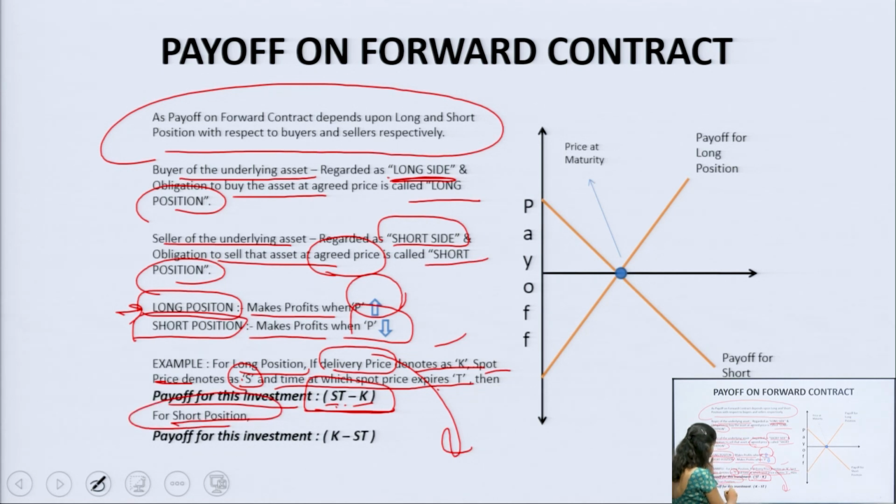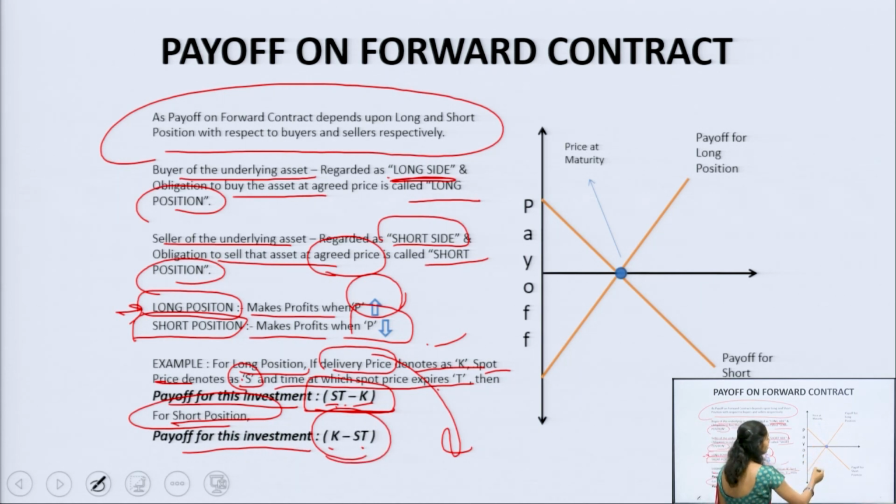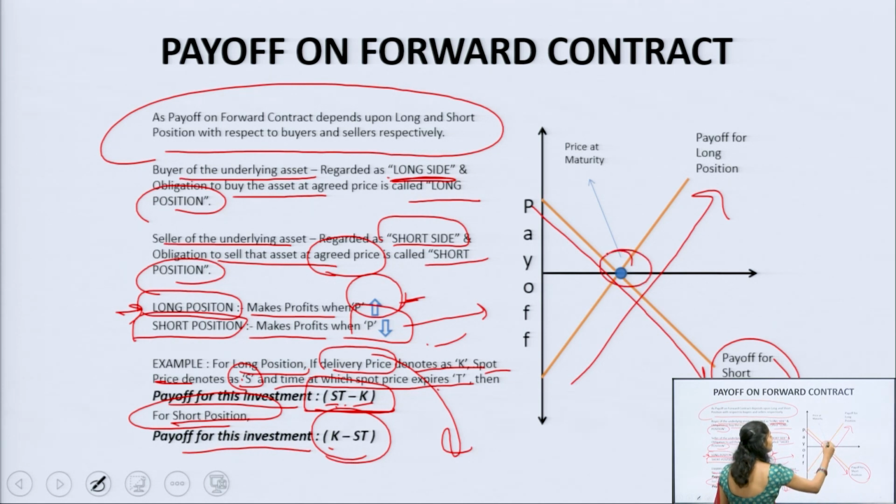For the short position, the payoff formula will be vice versa: K, the delivery price, minus S_T, the spot price at time T. This is the position of the short position. As I said, the short position gains when the price goes down, and the long position gains when the price goes up. At maturity, the spot price and the forward price become equal.